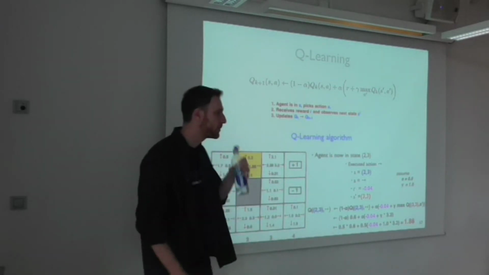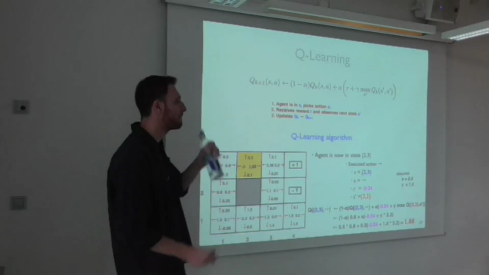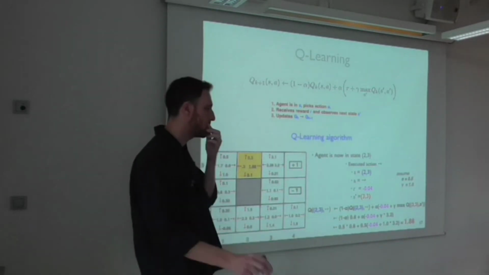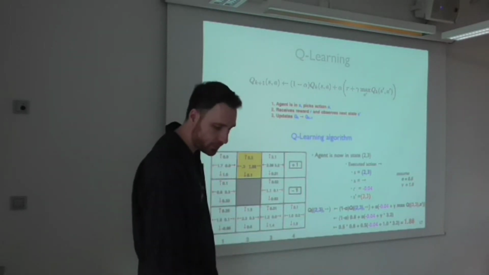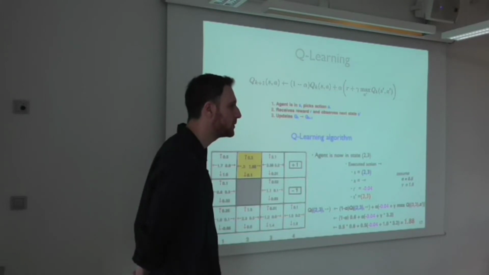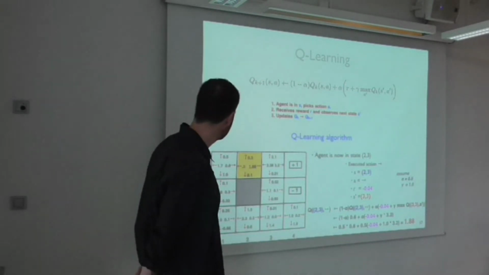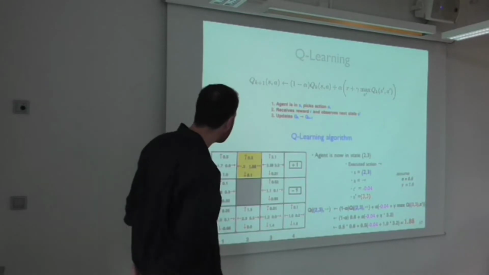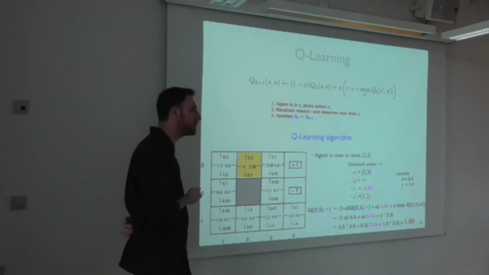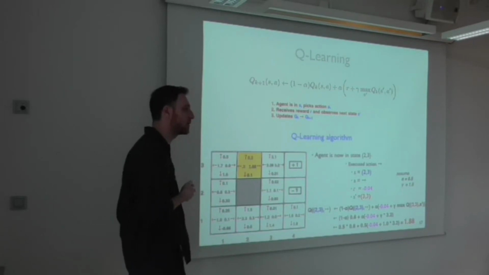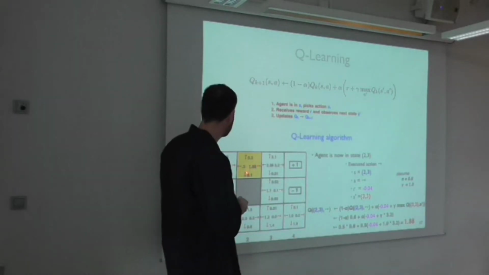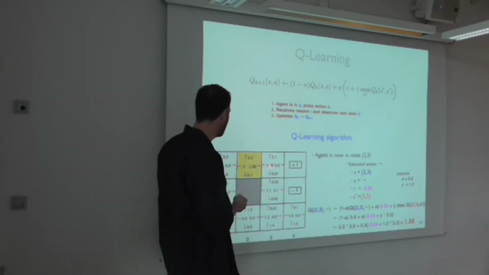But why are we executing an action if we know that the value is not as desirable as it seemed before? Say that again? Here we did pick the action that looked the best. Yeah, but why did we do it when we updated the value and suddenly instead of 4 it's 2.38 that we calculated?